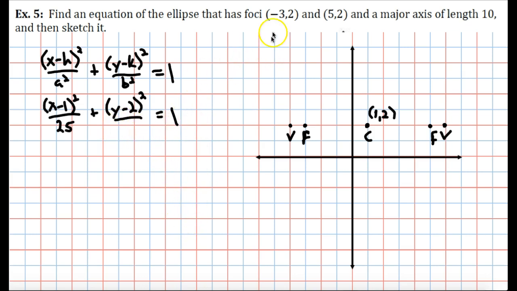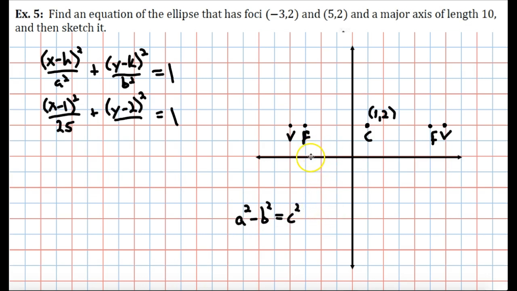To do that, I'll do it down here. We're using our a squared minus b squared equals c squared idea.